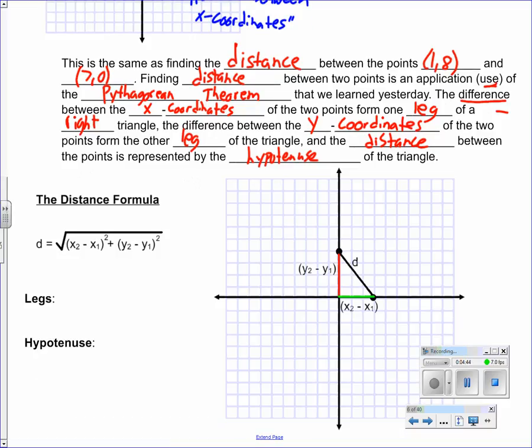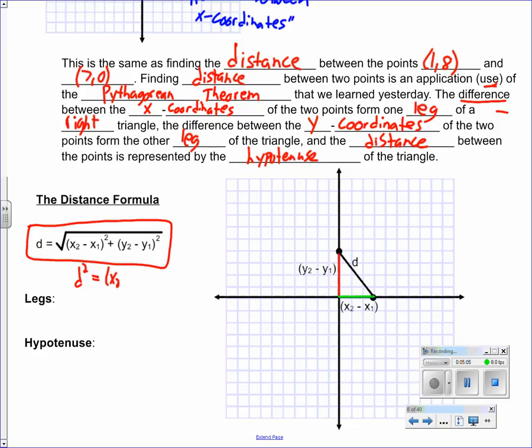So you should have seen this formula in Math 1. This formula right here is called the distance formula. And all this is saying is it's the same as using the Pythagorean theorem. That's the exact same way we use the Pythagorean theorem. So d, the distance, is our hypotenuse. If we square that, that gets rid of the square root over here.